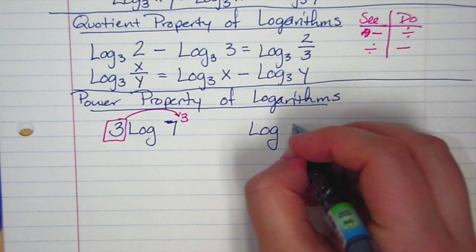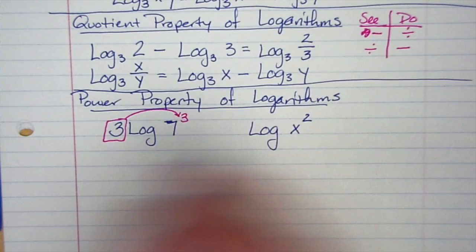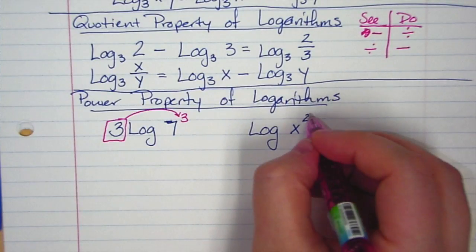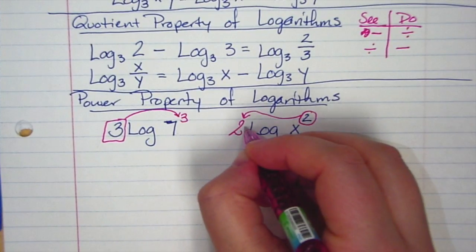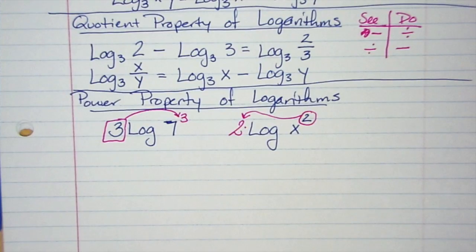If I have, say, log of x squared, I can move this squared out front to multiply as a coefficient. The power property basically says that you can move a power to the front to be a coefficient multiplied by the log, or you can move a coefficient multiplied by the log inside as an exponent for your argument.